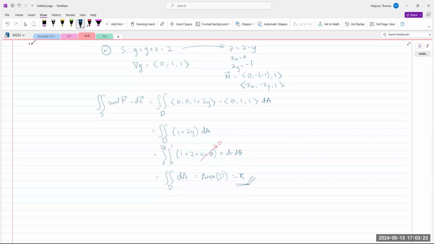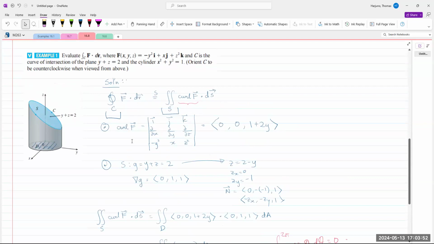Notice that the step here is, when you integrate this, you will see the integral from 0 to 2 pi of sine theta d theta equals 0. So we only deal with the double integral of 1 r dr d theta, which is the area of D.